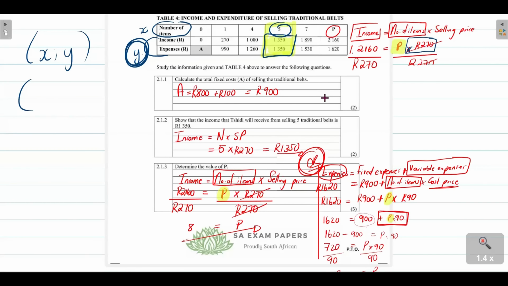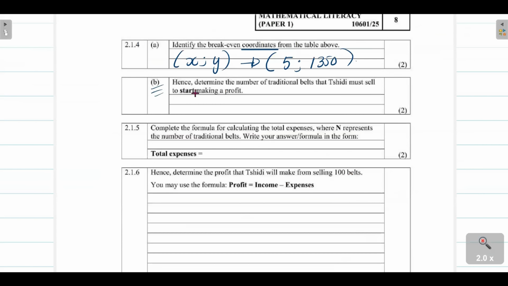Because you can't just say after the break-even point, that's when she'll start making a profit. They say determine the number of traditional belts that UTD must sell to start making a profit. What did I say when it comes to this type of question? Can't remember, guys?